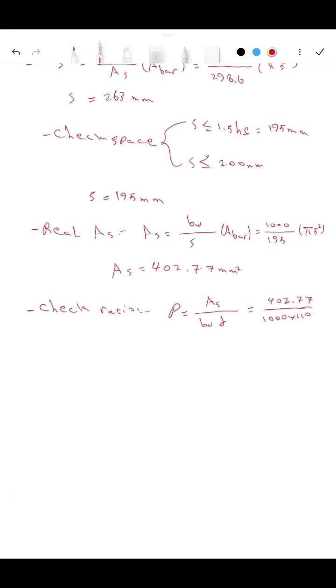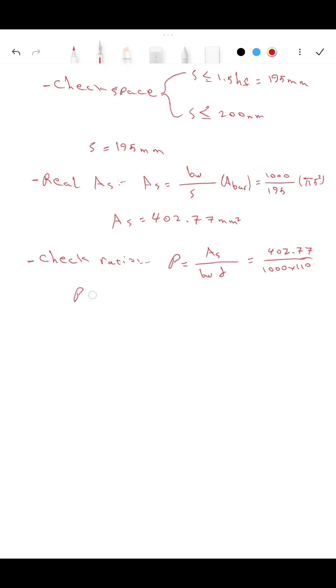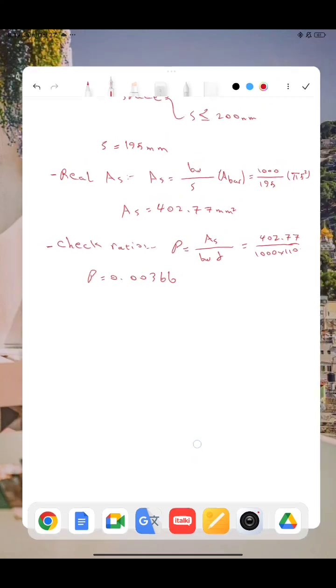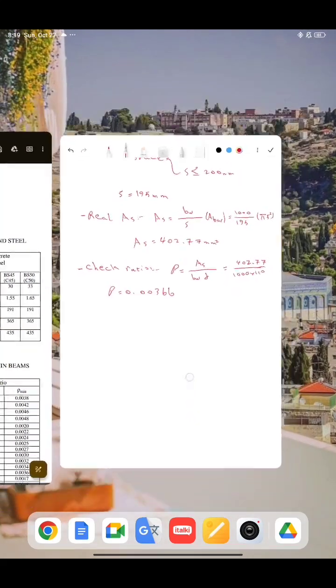So 1000 times 110, and the ratio equals 0.00366. The condition is to be bigger than the minimum and smaller than the maximum.